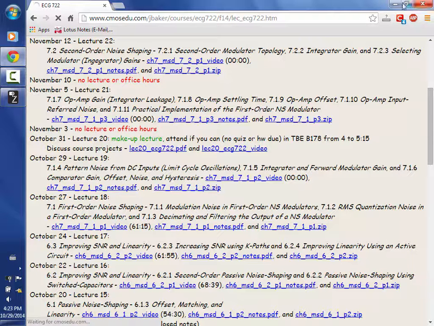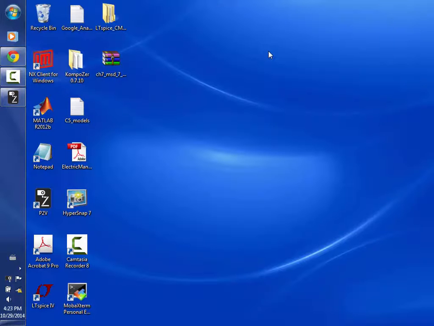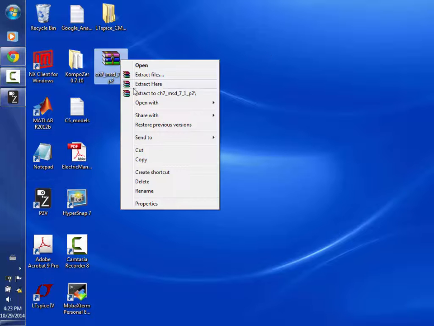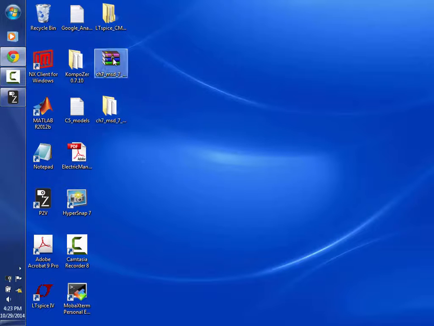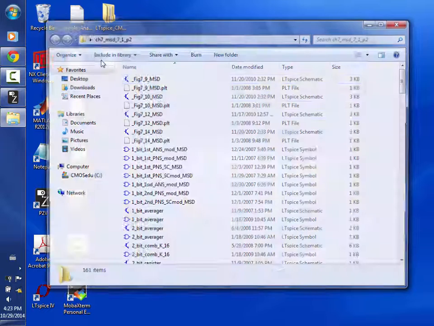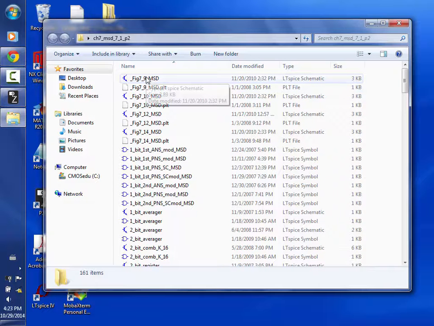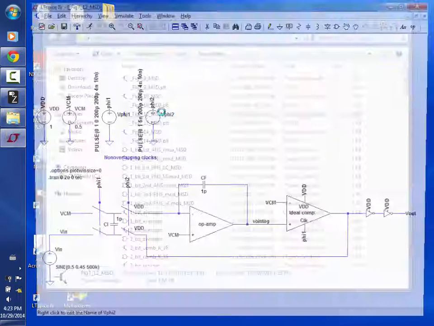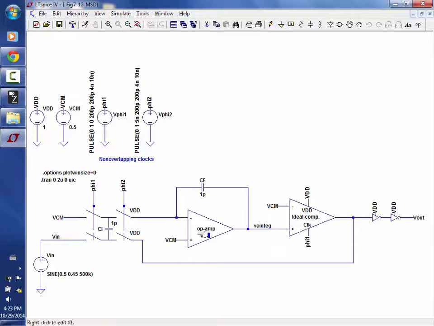I want to start out with a simple example, and this is figure 243. And so let's go look at figure 712. The gain of the delaying integrator here is CI over CF, which is just 1.